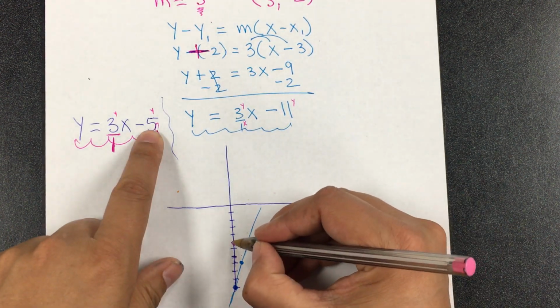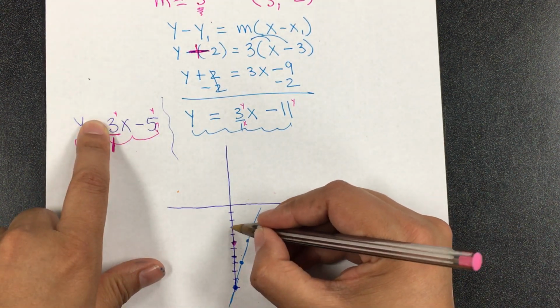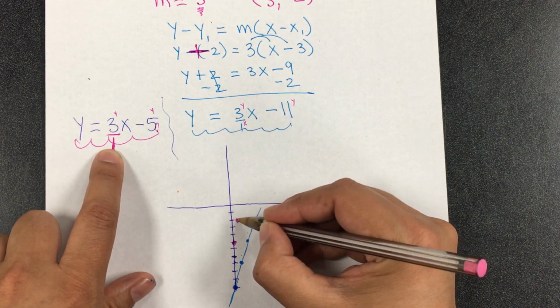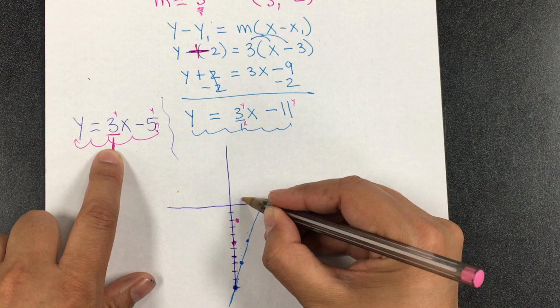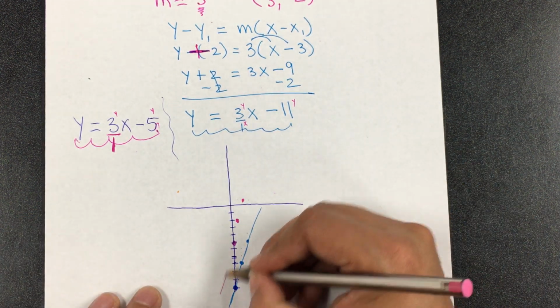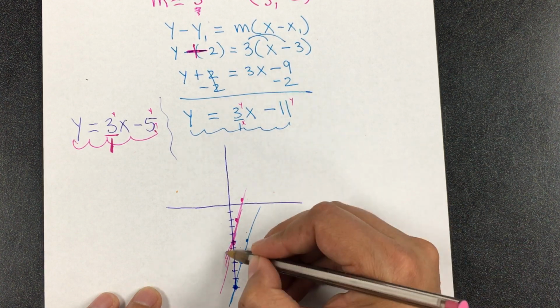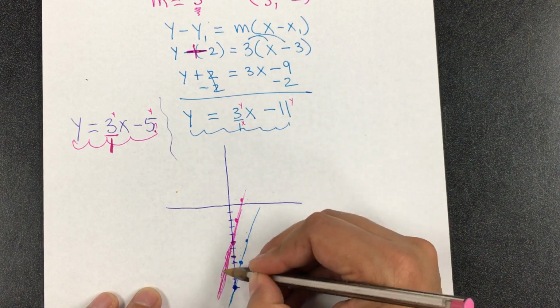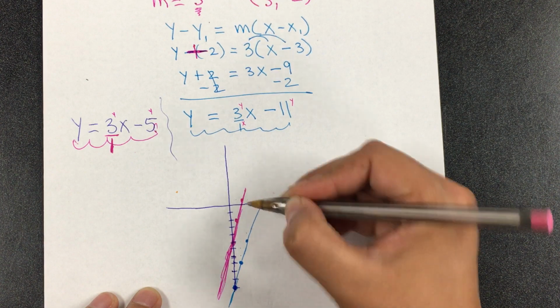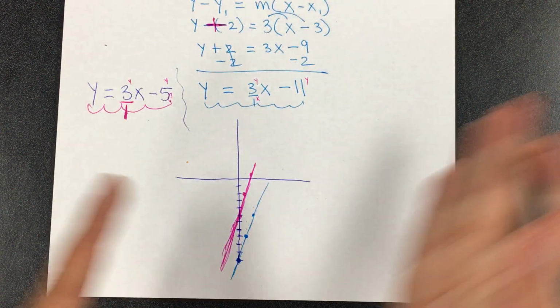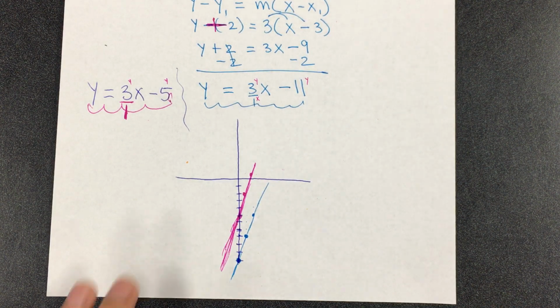So initial point, 1, 2, 3, 1. Okay, 1, 2, 3, 1. And so more or less, that's my parallel line. Again, this is a sketch, and it's just that I don't have my graphing paper. But notice how the lines look like they're never going to meet, okay?